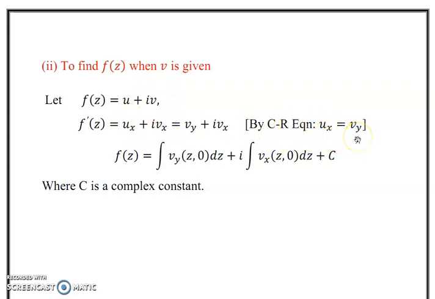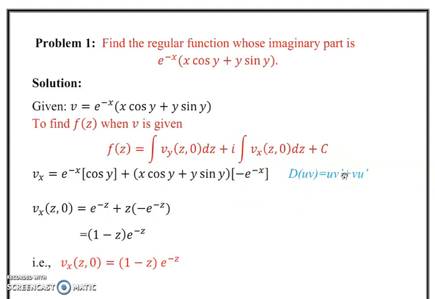Ux equal to vy, you change ux plus ivx as vy plus ivx. Then integrate the above equation, you get f of z equal to integral of vy of z comma 0 into dz plus i into integral of vx of z comma 0 into dz plus c, where c is the complex constant.